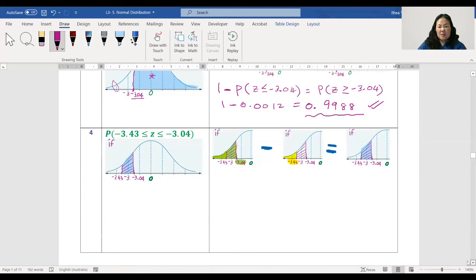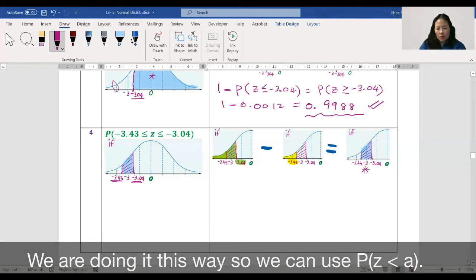And what happens in the between? So we want to find the area in between minus 3.43 and minus 3.04. So basically what we're going to do is the whole area from the start all the way up to minus 3.04 here, take away the area from the beginning up to minus 3.43, will give us the middle part, wouldn't it?